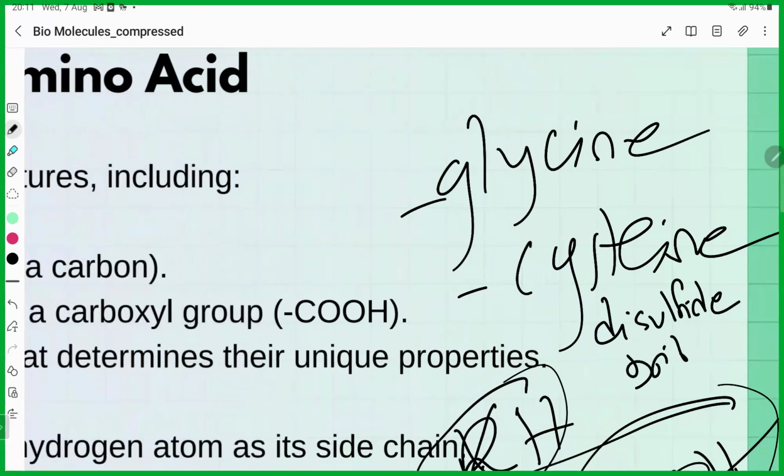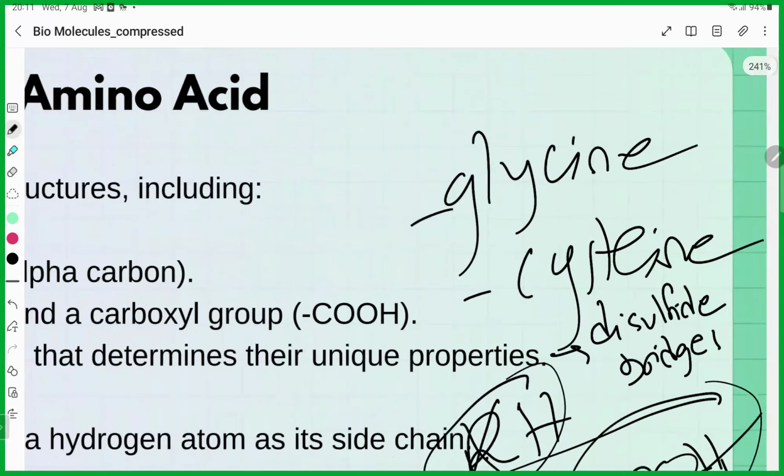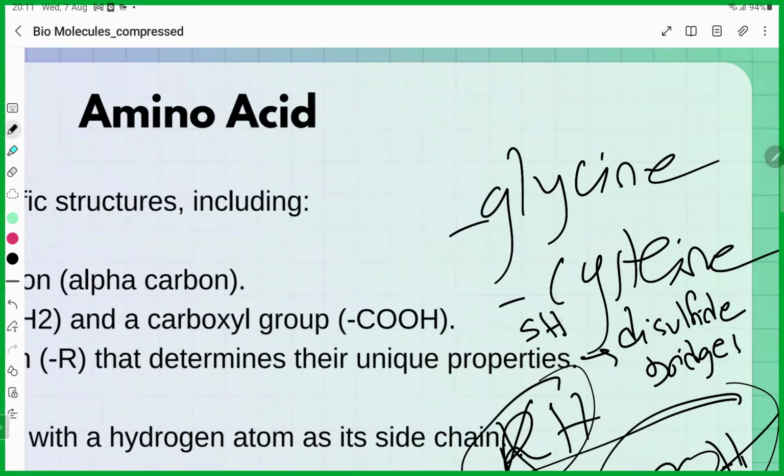Also take this as a note. Disulfide bridges means SH, a thiol group.